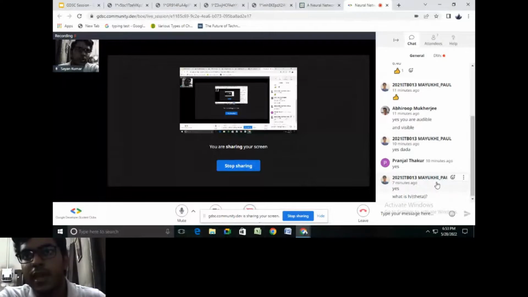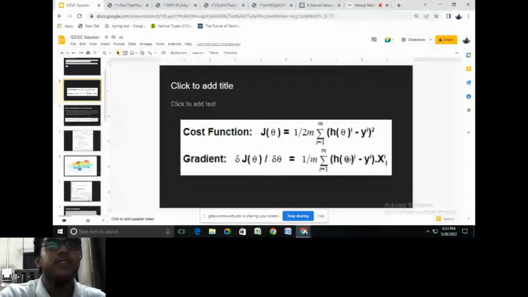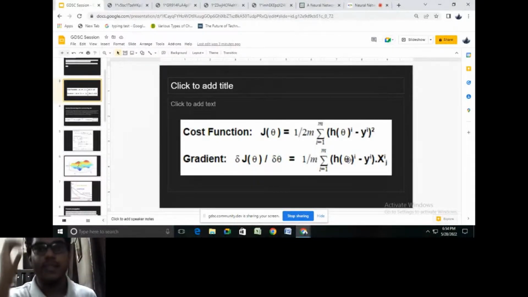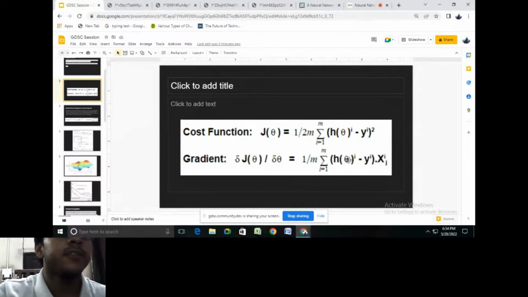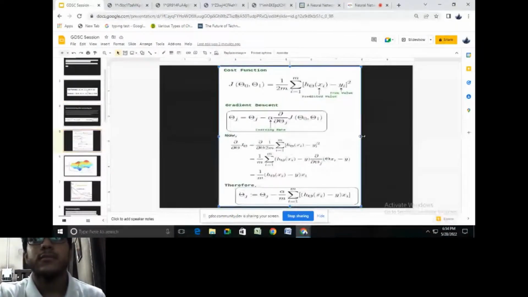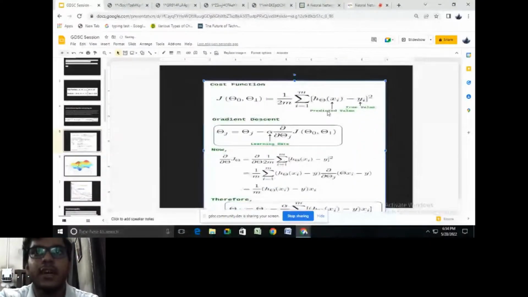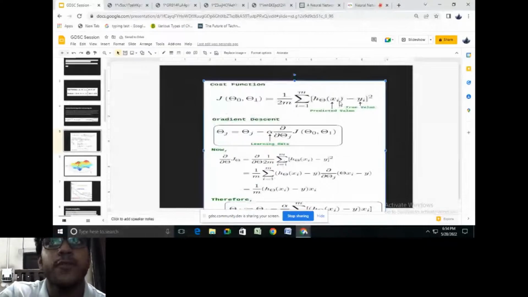What is h of theta? H of theta is the predicted output. H of theta is the value that our model will predict. Here you see, in this slide, you can see h of theta x is the predicted value.